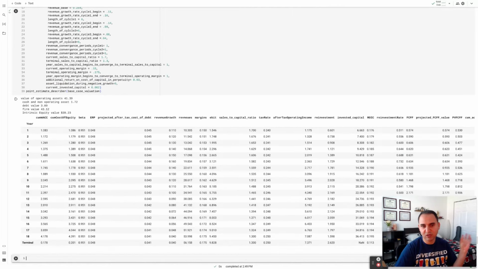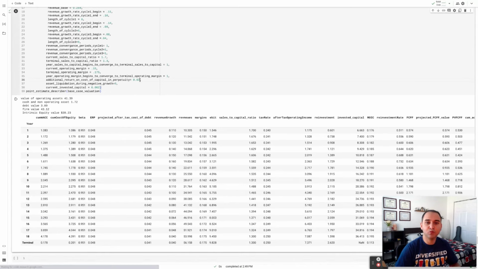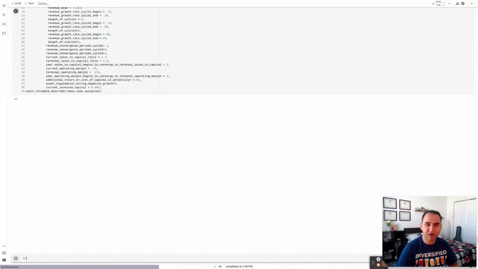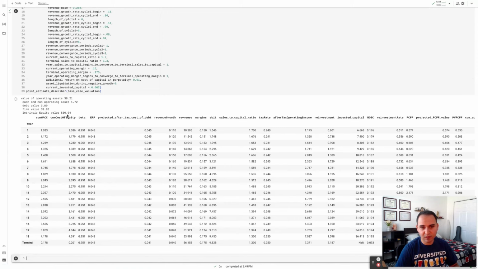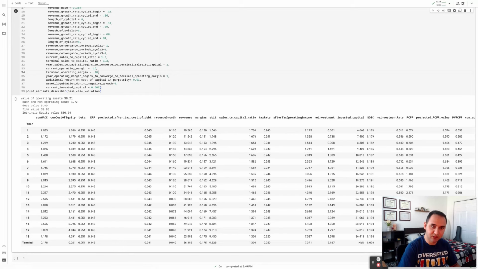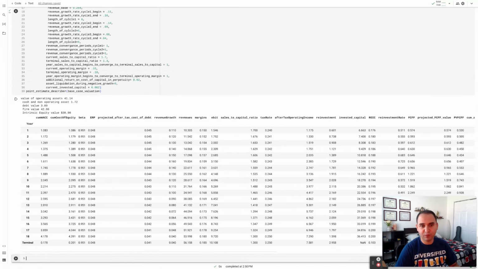We just change one input, and then we arrive at 39. Or what if they do 1% above their cost of capital in perpetuity? Then we arrive at 36. What if the operating margin expands to 18 and this one remains at 2? So we went from 37 to 38.98, almost 39.